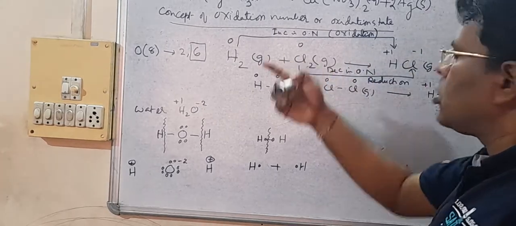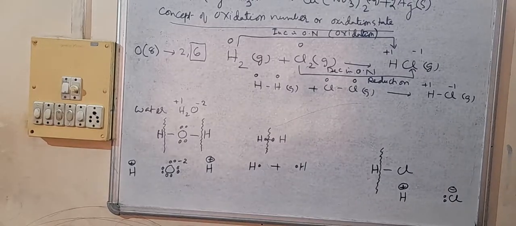So you see here also reduction and oxidation are taking place simultaneously. So it is a redox reaction. So you should remember this concept also, that oxidation is defined as a process of increase in oxidation number and reduction is the process of decrease in the oxidation number.